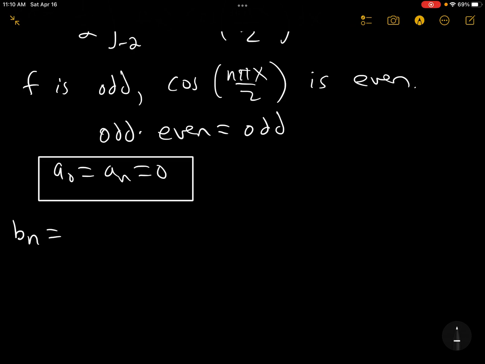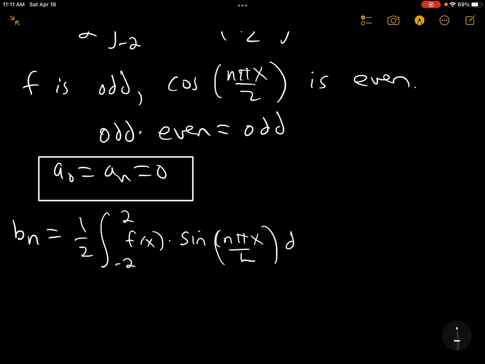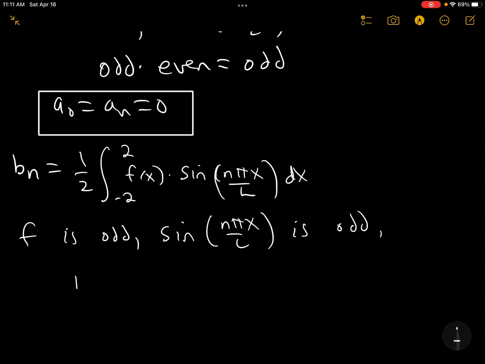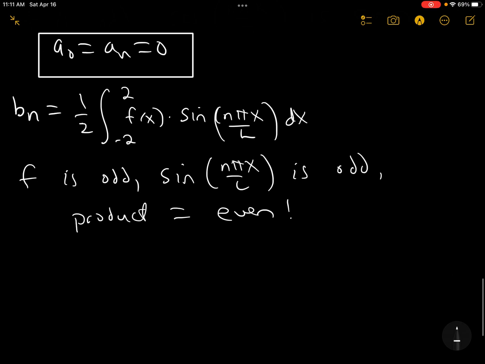So that means all the work happens with the b_n's. All right, so b_n is 1/2 integral from minus 2 to 2 of f of x sine of n pi x over L dx. f is odd, sine is odd, so the product is even.